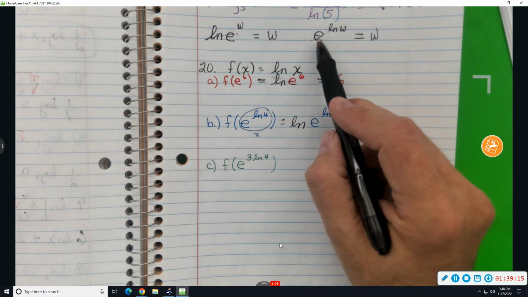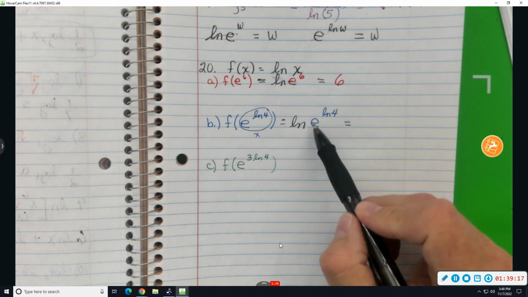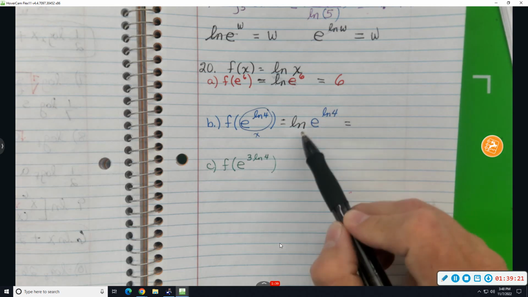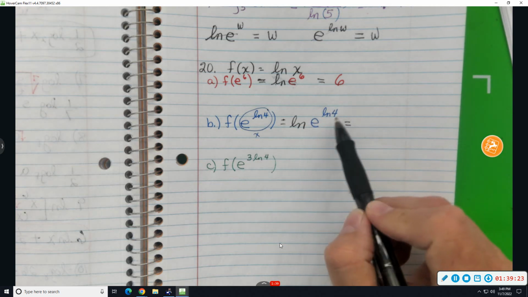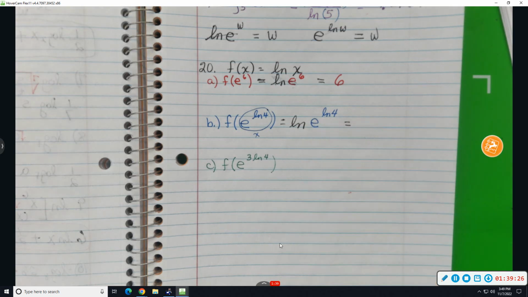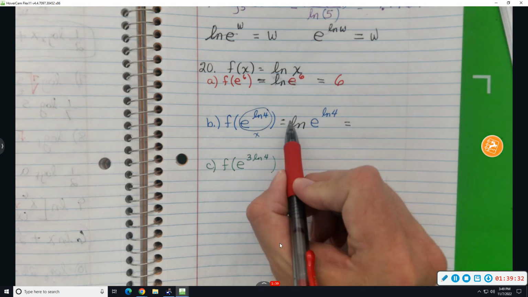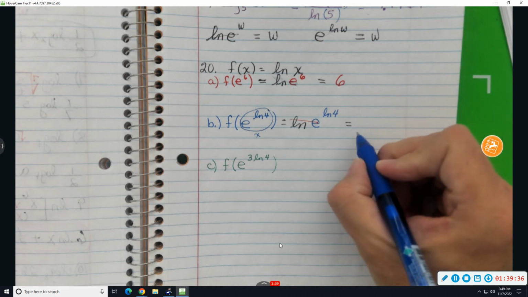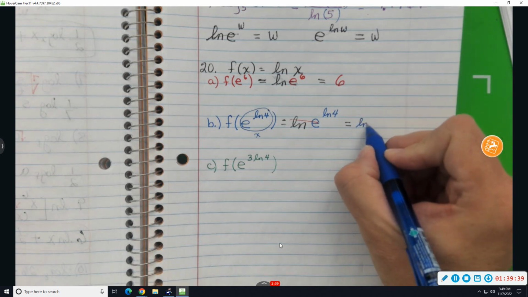Or we could use the way it's written right here and cancel the blue e and the blue ln. We'd be left with a black ln and a blue 4, but the colors don't really matter. You're left with just an ln 4. I think what I'll do, I'll just cancel it like that. And what's left? ln 4.